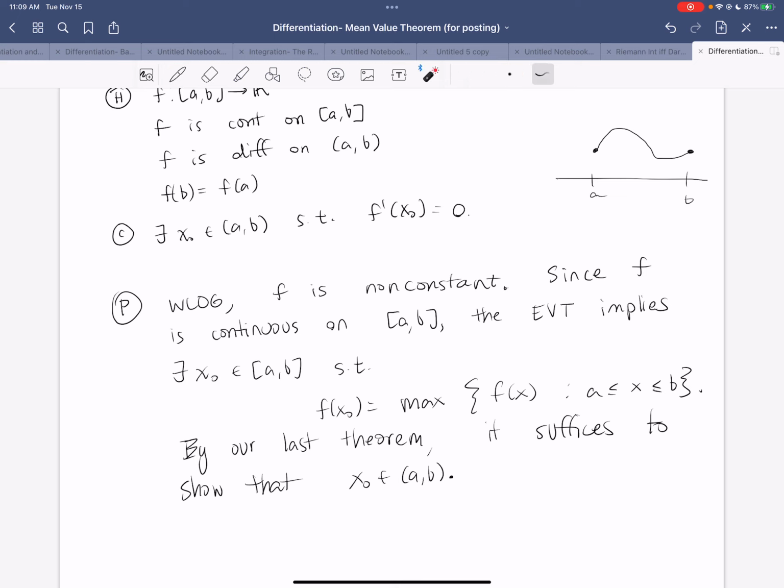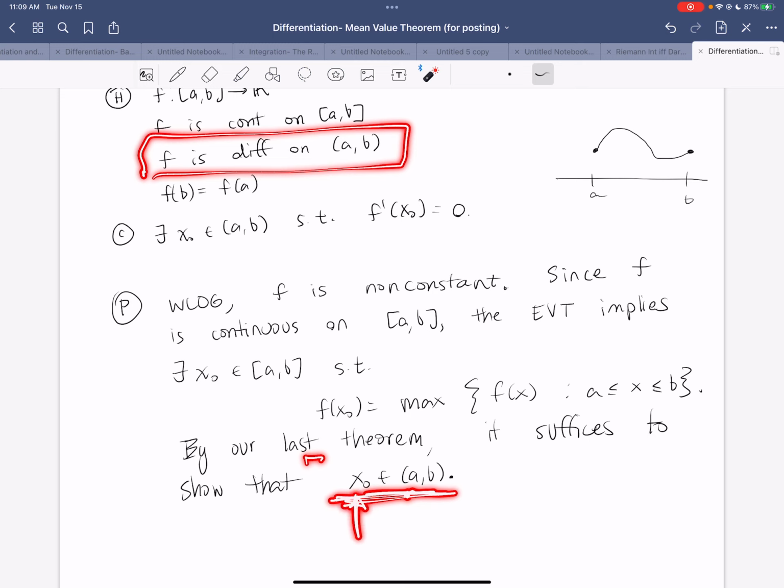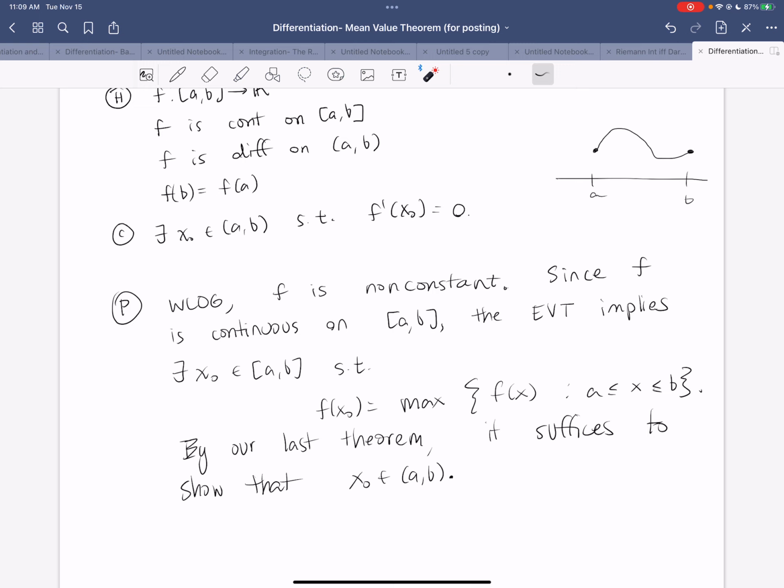Because our last lemma said if your function is differentiable on an interval and if f attains a max at some point in that interval, then f prime is equal to 0 at that max, right? So by our last theorem, it suffices to show that x0 is not equal to a and x0 is not equal to b.